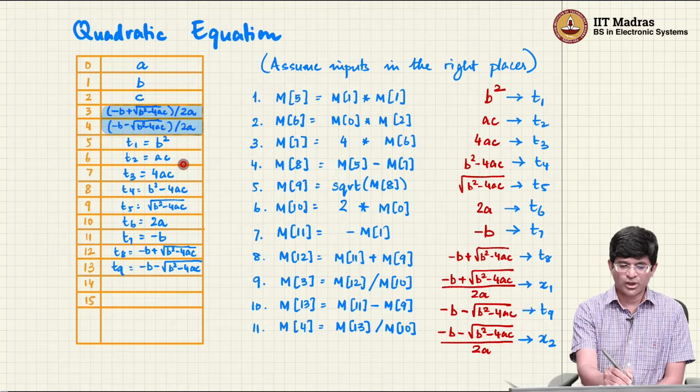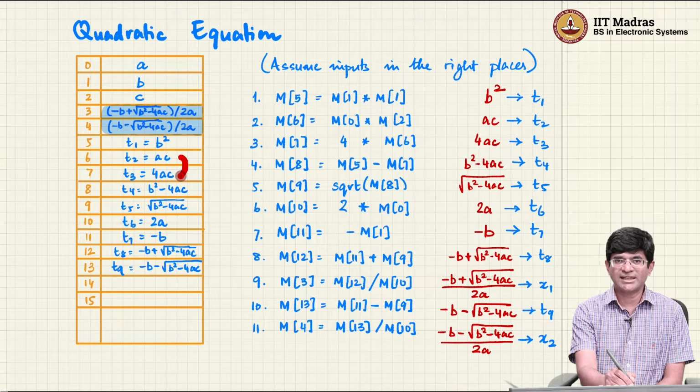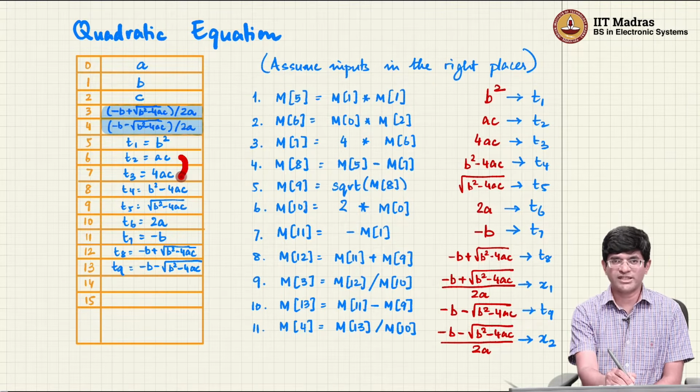What is important to understand though is when you see something like this and you intuitively feel, hey, do I really need a new variable? I could have just used T2 itself to store 4 AC. You may be right. Of course, you need to be sure that you are never going to use the raw value AC by itself again.